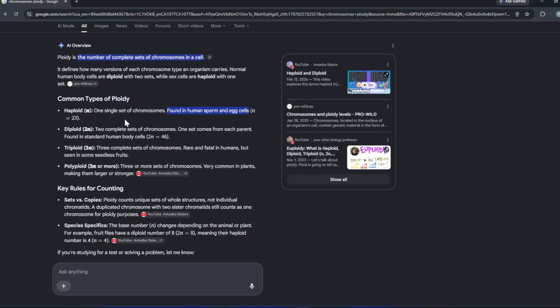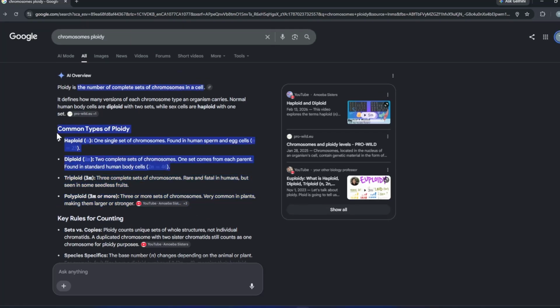Okay, so for sperm and egg cells, it's haploid. For diploid, you have two complete sets of chromosomes, right? One set from each parent, found in standard human body cells. And then triploid and polyploid you won't find in humans, by the way. So you only find haploid or diploid, okay? And this would be haploid and diploid.